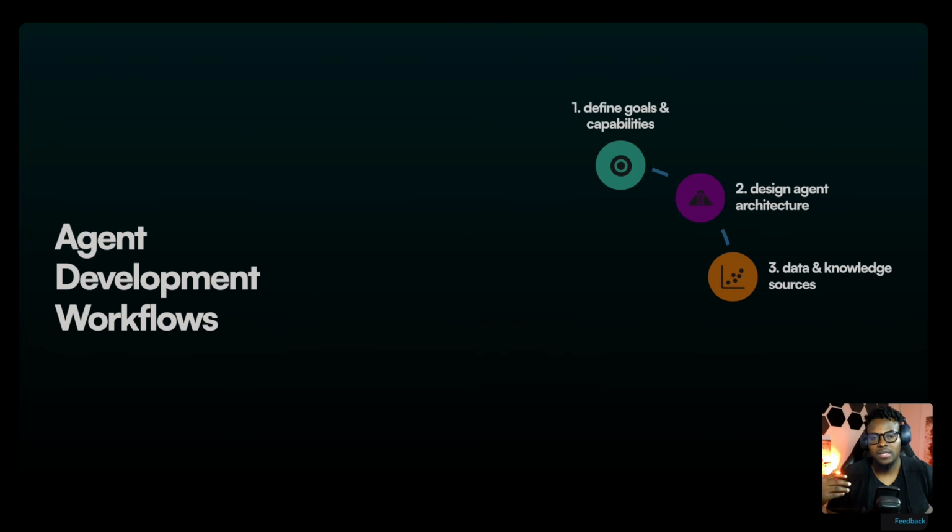Think of it like a library of your company's PDFs, internal wikis, or product manuals. Whatever set of information that you want to make available to your agent, this is where you decide what that information looks like. Or is it even dynamic data? Does your agent need to be able to pull this data from APIs, from databases, or some form of sensors, or using its tools? So this is where you decide all of that.